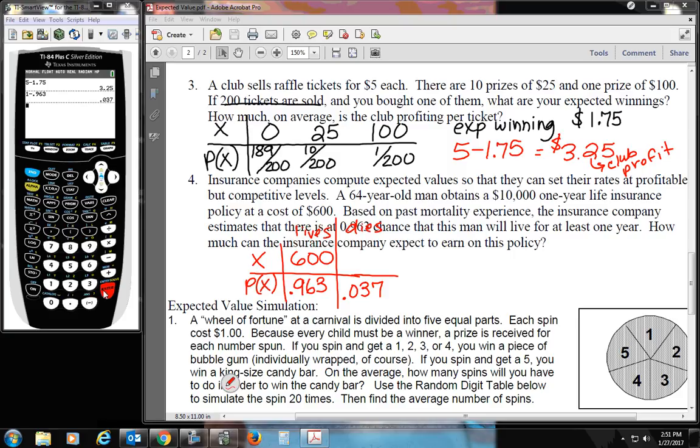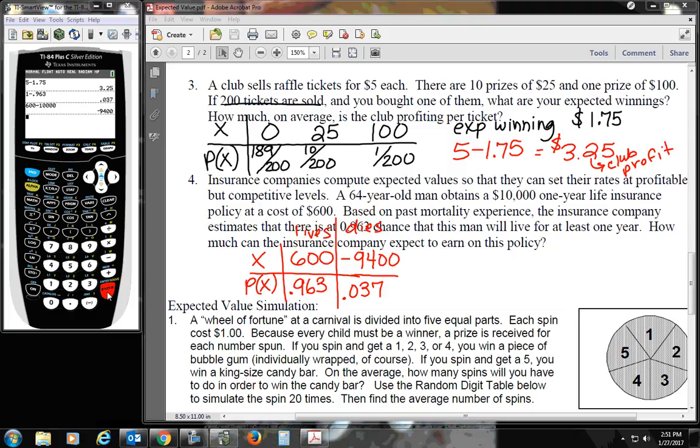The other side of it, though, is that if he dies, he's still going to pay them the $600 before he dies, but they're going to have to pay him $10,000. So for the company, that is a positive $600 that they're getting in the beginning, but they're having to subtract the $10,000 that they're paying out. So the company, for anybody who dies, is actually in the hole $9,400.